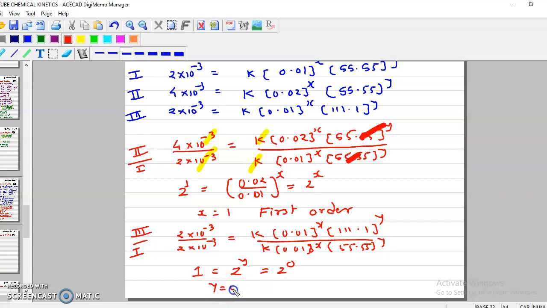Therefore Y is equal to 0. So it is zero order reaction with respect to water. So this way X plus Y is equal to 1, and therefore it is called pseudo first order reaction.